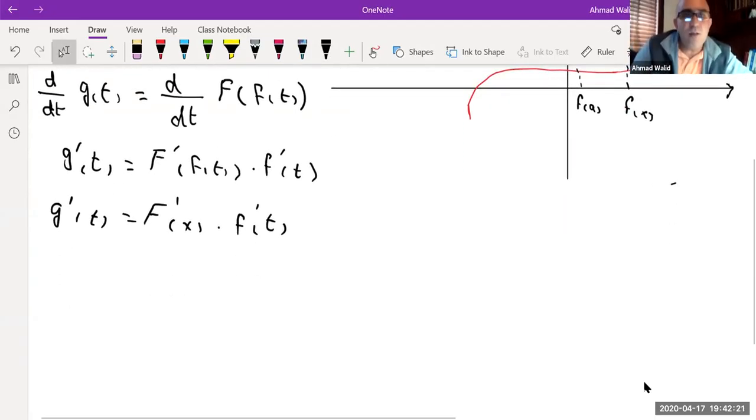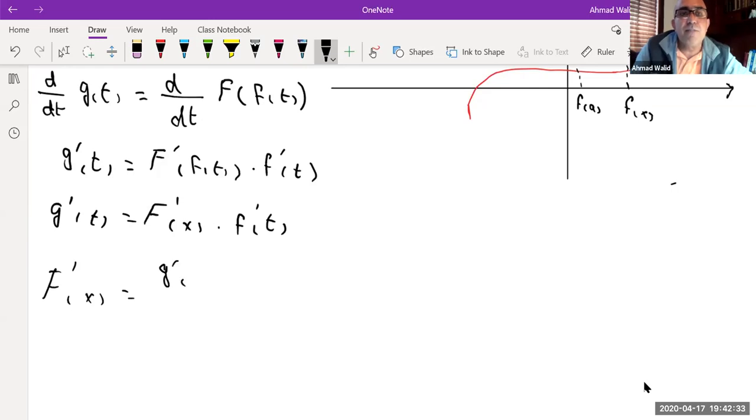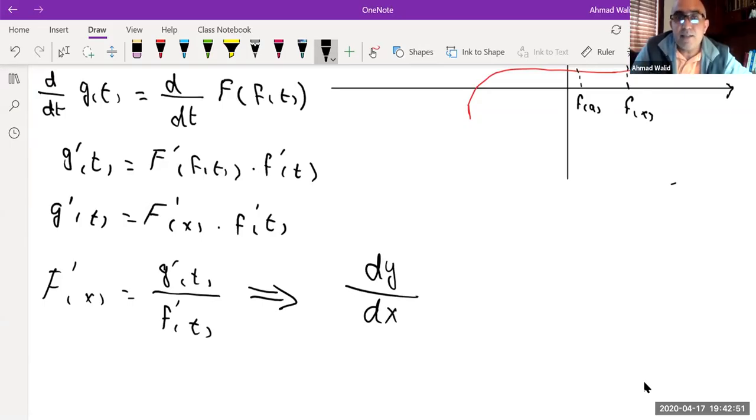Now, if I solve this equation for capital F prime, I can write F prime of x equals g prime of t over f prime of t. Or in the other notation that they used in your book, f prime of x means dy over dx, and g prime of t means dy over dt.